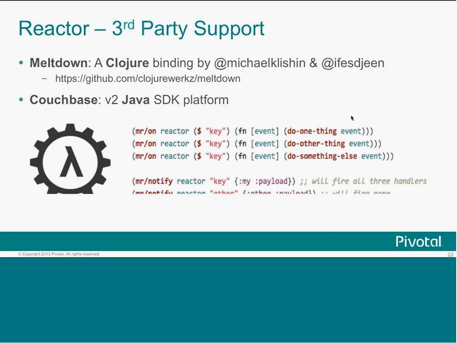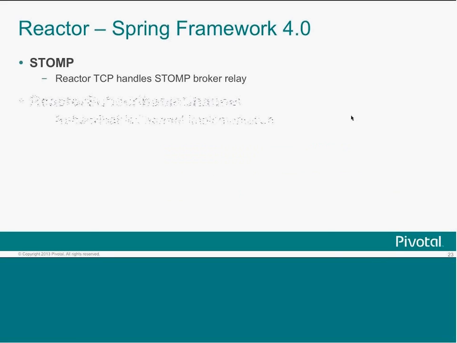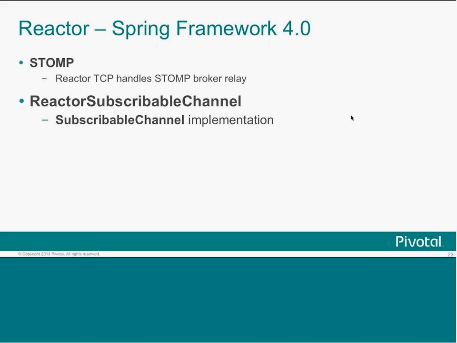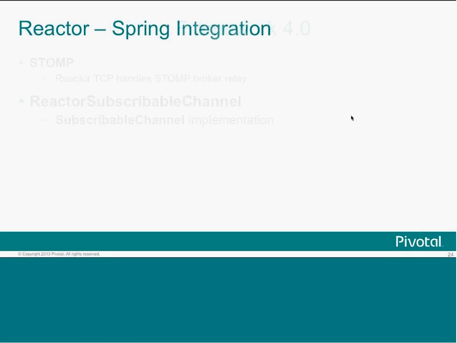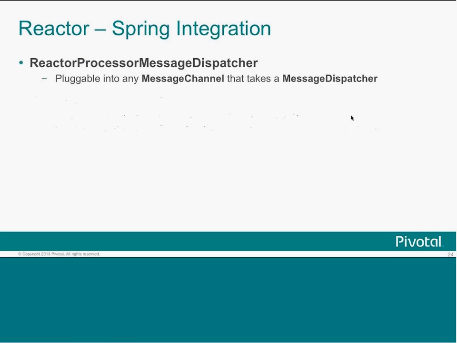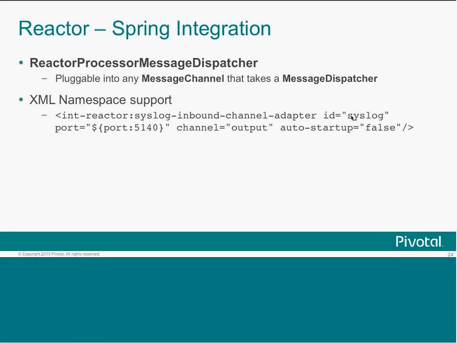Spring Framework 4, we've got lots of stuff. Reactor is actually used in the Stomp support in the Spring Framework, the WebSocket stuff. We've got a subscribable channel implementation. We've got Spring Integration, where you can do syslog inbound, which is what we use in Spring XD.